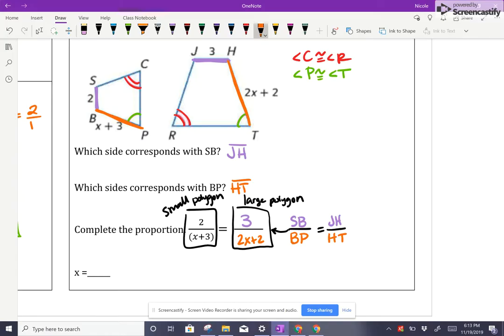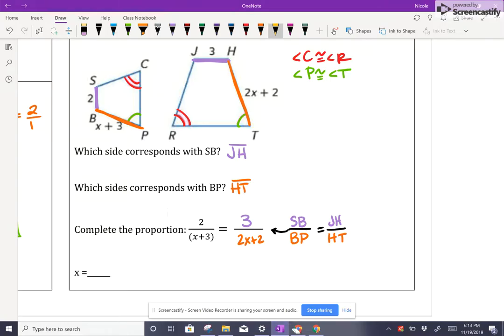Now we've set this up to cross multiply to solve for x. Get rid of these black boxes and cross multiply, going this way and this way. Remember, use your parentheses.